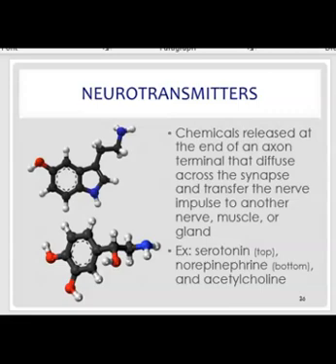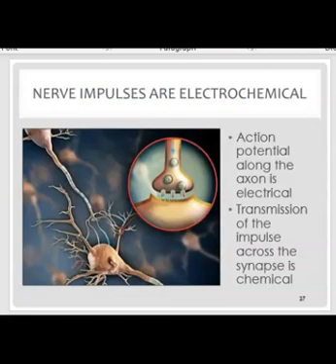And acetylcholine does all kinds of things in the body, especially having to do with your muscular system. So that's why we say that nerve impulses are electrochemical, because the action potential along the axon is actually electrical, but it's being triggered by a chemical reaction occurring with the sodium and the potassiums traveling across the membrane.